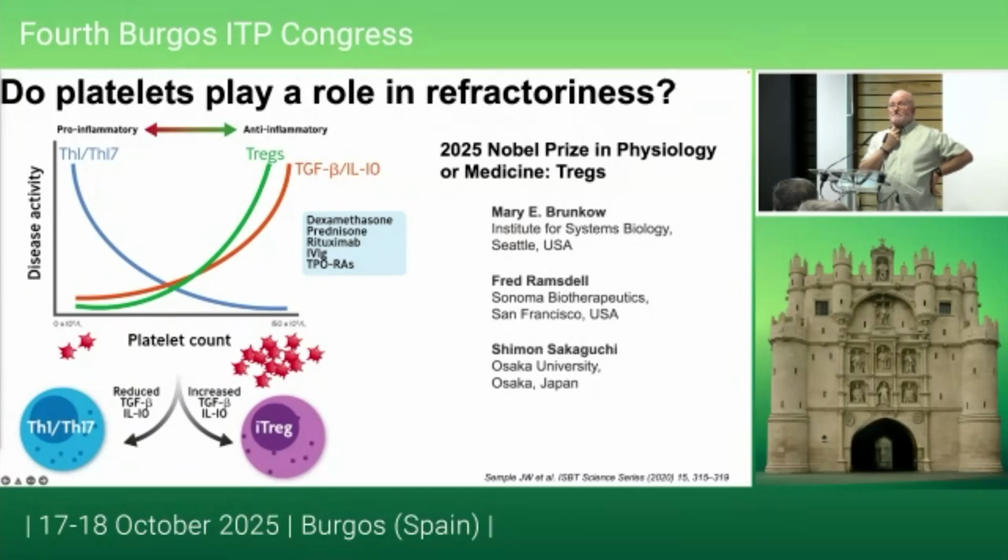Just for the industry people in the room, just to make you feel like you're really involved, and you should be, both Brunkow and Ramsdell are industrial scientists. They started in academics, but they moved to industry, and they discovered FOXP3 in Ramsdell's company. So certainly industry plays a real important role in understanding the immune system, and a Nobel Prize has been given to industry partners.